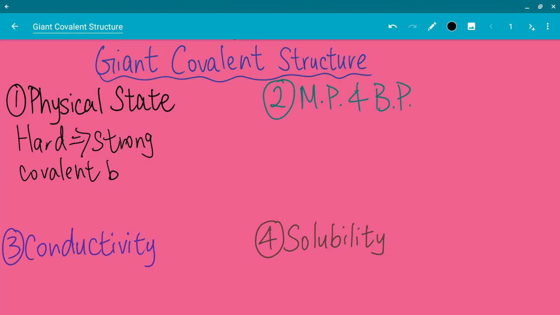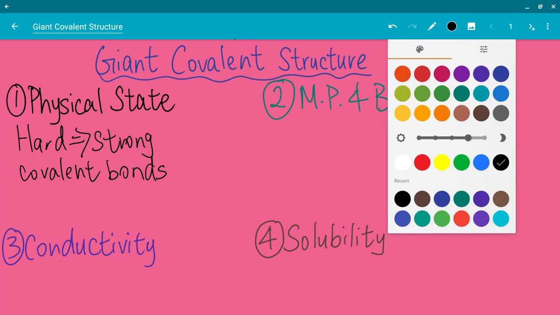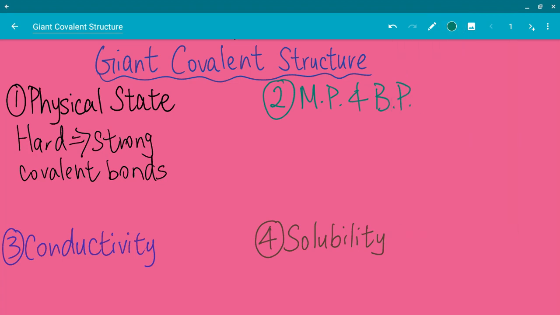Some examples of giant covalent compounds are quartz, which is silicon dioxide, and diamond as well. Of course, there are some others like graphite and so on. For the melting points and boiling points, we know that they have pretty high melting and boiling points because, again, you need a large amount of energy to overcome the strong covalent bonds.